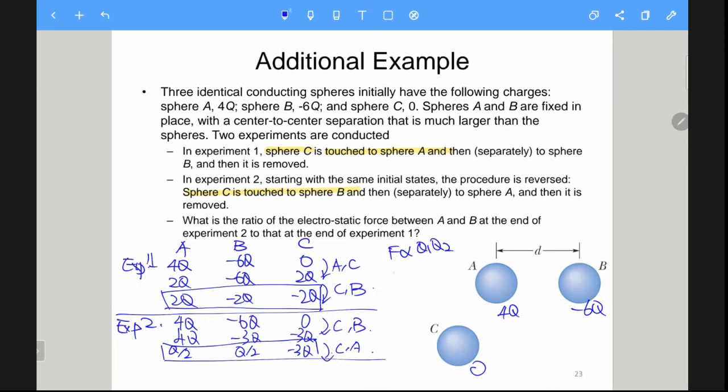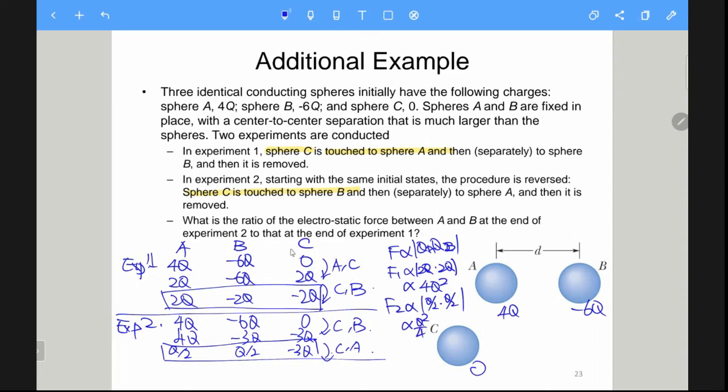Let's say F1 is proportional to QA and QB, so we have minus 2Q and 2Q, taking the absolute value, so 2Q times 2Q, proportional to 4Q squared. Then F2 is proportional to Q over 2 times Q over 2, proportional to Q squared over 4.